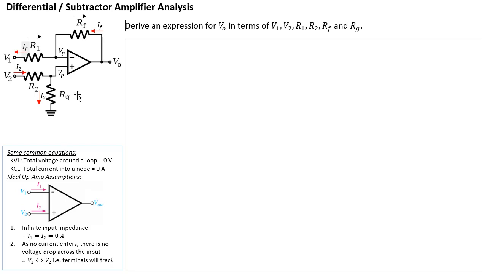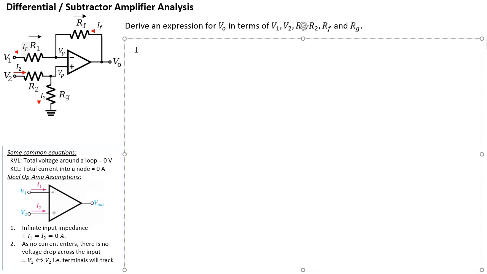First, you should notice that since I2 flows through R2 and RG, and RG is grounded, effectively R2 and RG are in series, and V2 is the voltage across both of them. VP is the node in between the two resistors. So in other words, I can write a potential divider equation that links V2, VP, R2, and RG.